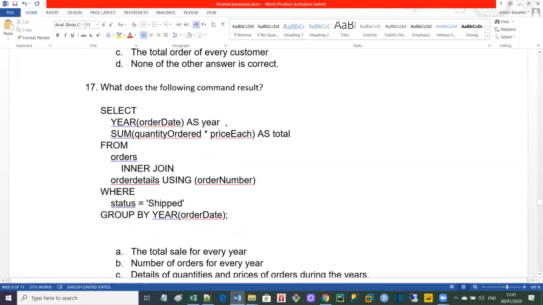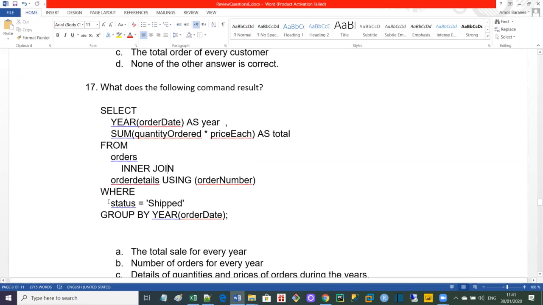The where is acting before the aggregation function, meaning, first of all, what the select does is combining the order table with the order detail in an inner join. Here is just a syntax that is using the same column in both tables called order number.